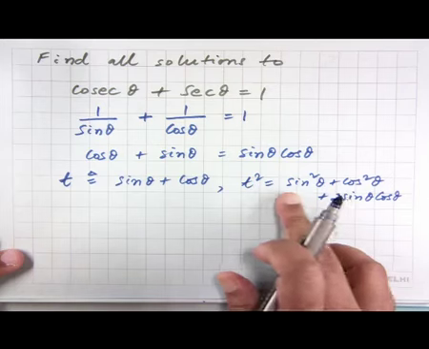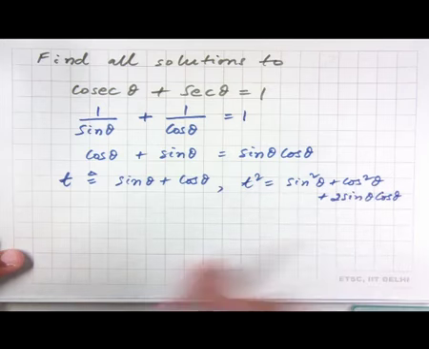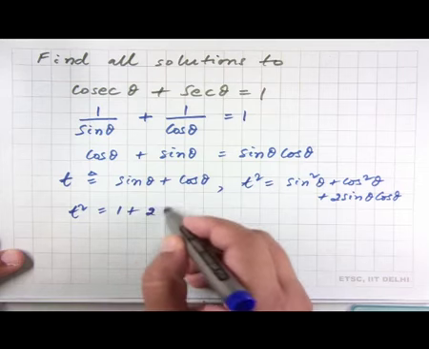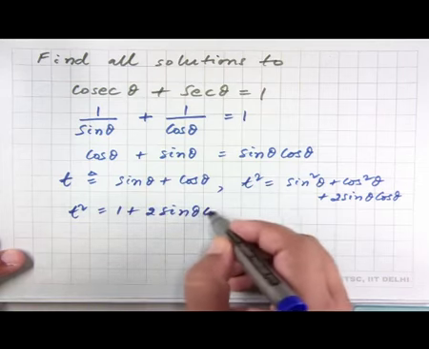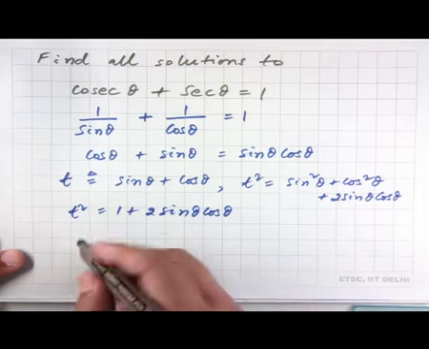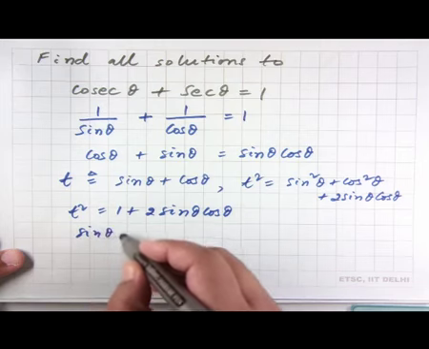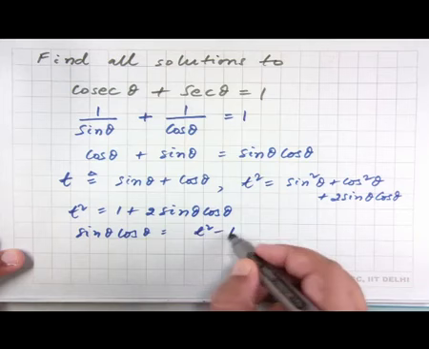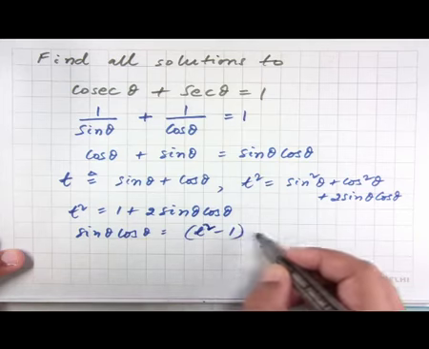But sin square theta plus cos square theta is 1, and therefore t square is 1 plus 2 sin theta into cos theta. And from here we can see that sin theta into cos theta is equal to t square minus 1 over 2.